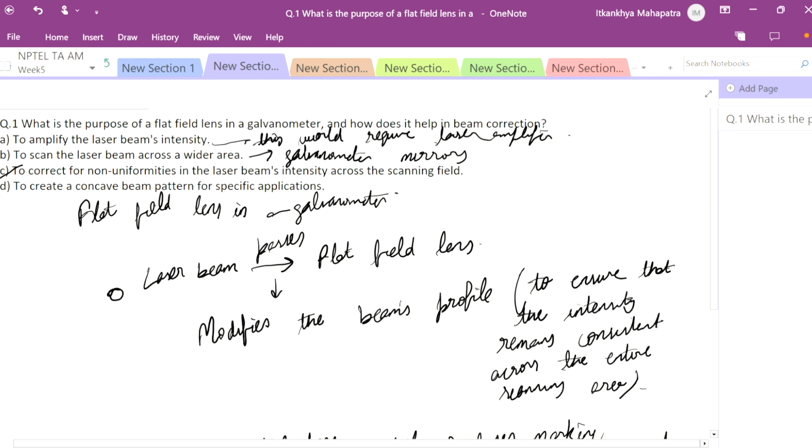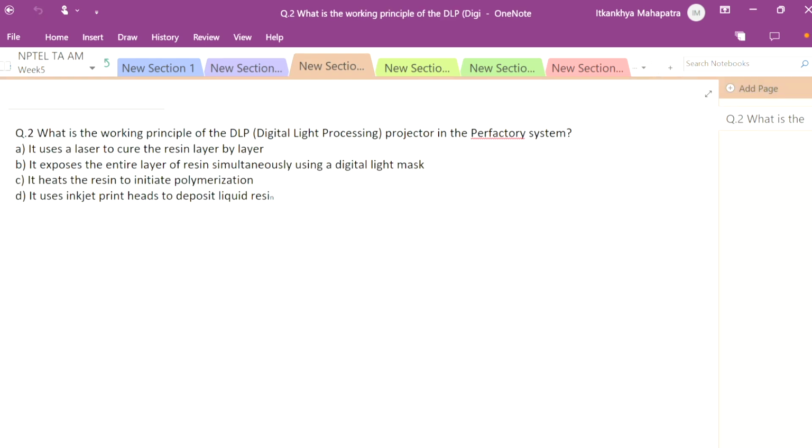So, moving to the next question. What is the working principle of a digital light processing (DLP) projector in a Perfactory system? First of all, we'll understand DLP projectors. These are based on micro mirror technology.